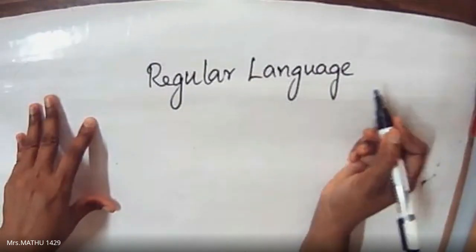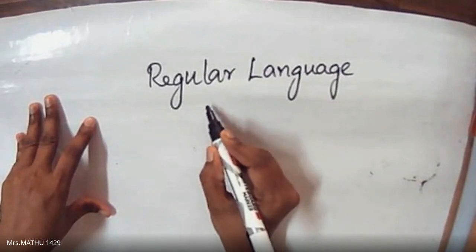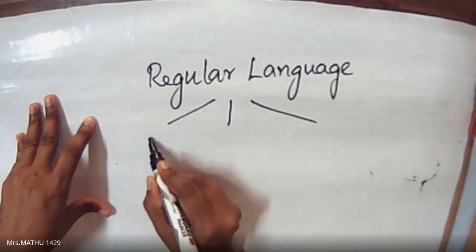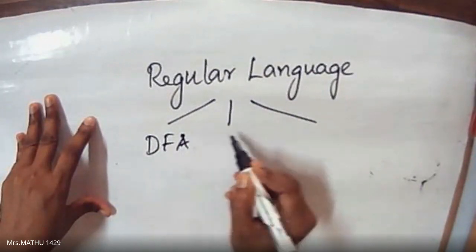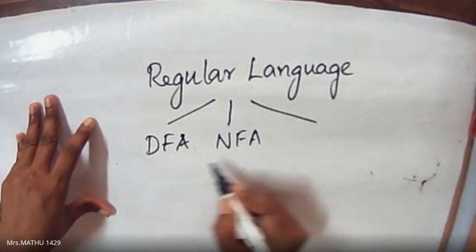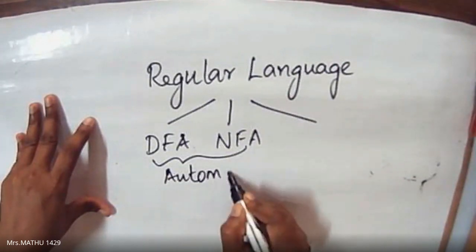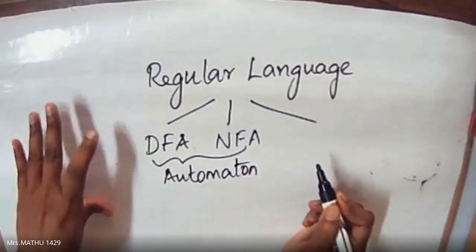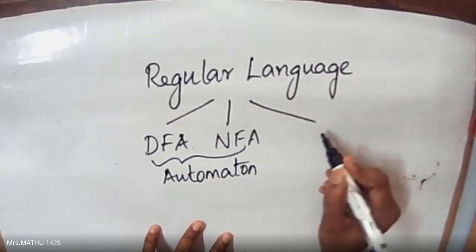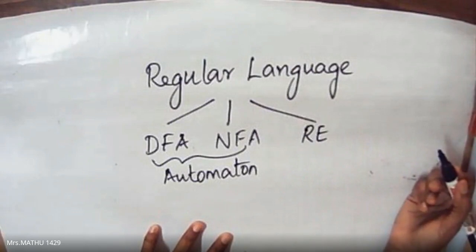Thank you, ma'am. As I told you, a regular language can be given by two machines: DFA, that is deterministic finite automata, as well as the non-deterministic finite automata. So these two are the automaton or the machine, an abstract model of the digital computer. Another notation we have already talked about is the regular expression.